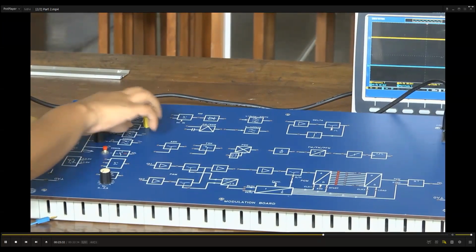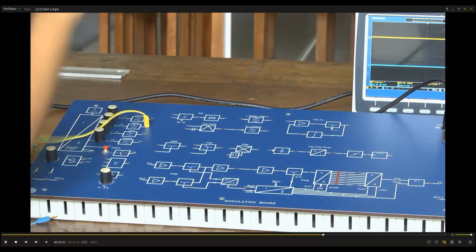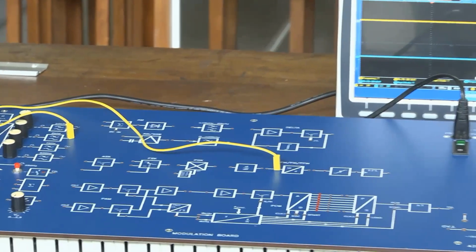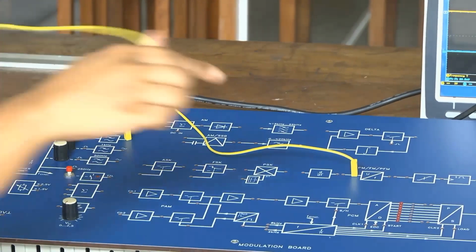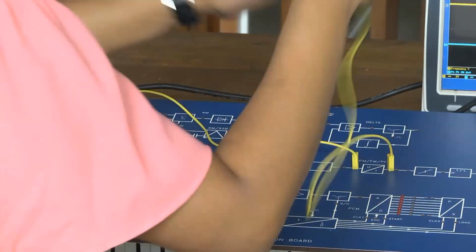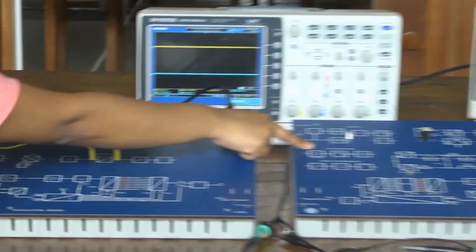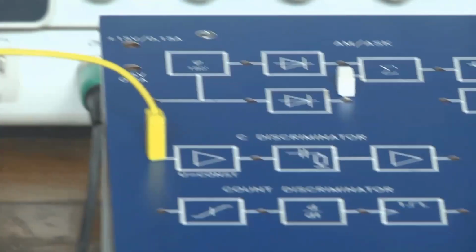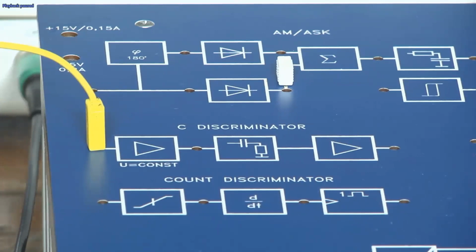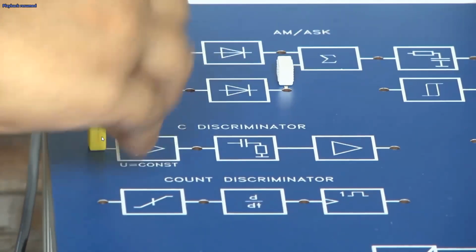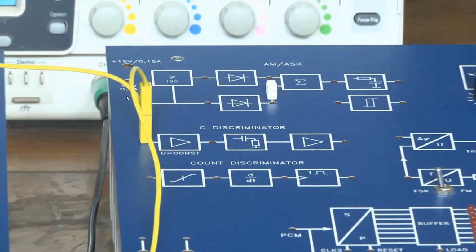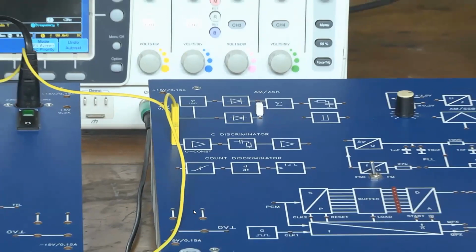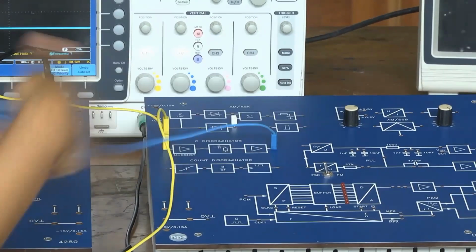First we have to make a modulated signal from the modulation board, because we have to give a modulated signal to the demodulation board. So we are giving a 2 kilohertz information signal and making a modulated waveform using the VCO circuit, and give the modulated signal to the discriminator. Here you can see this is the discriminator circuit. We give this input to here, and we are taking the output.